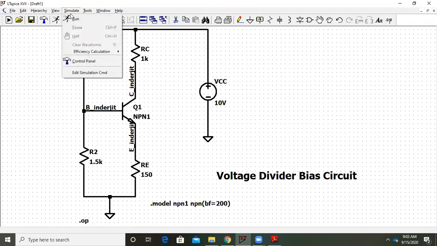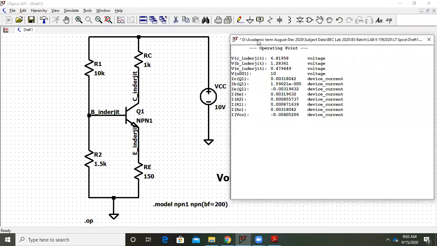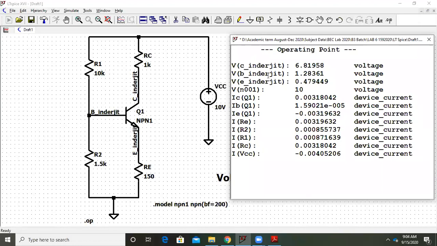I am simulating now again. So whenever you submit the print screens, make sure that the circuit is visible and this operating point window is also visible with all the values, and you have to expand it so that it's visible a little bit like this. Right now I have my collector voltage, my emitter voltage, my base voltage, and all the terminal currents. So you have IB, IC, and IE, and you have collector voltage, base voltage.